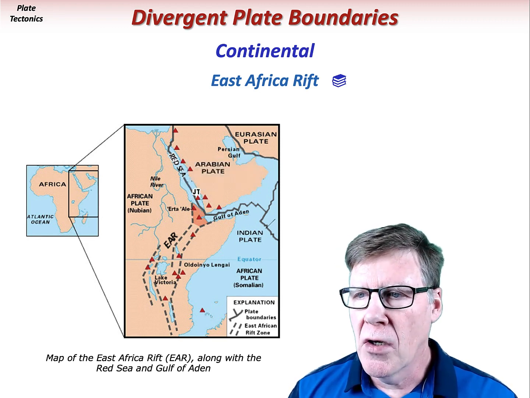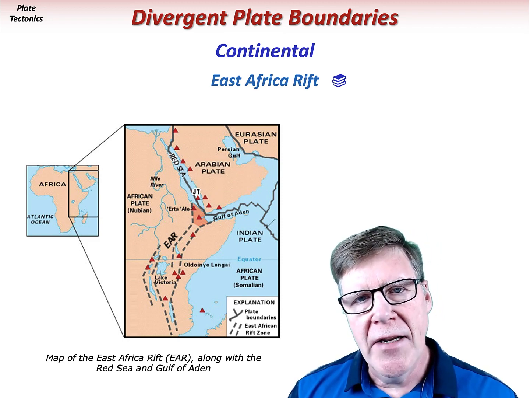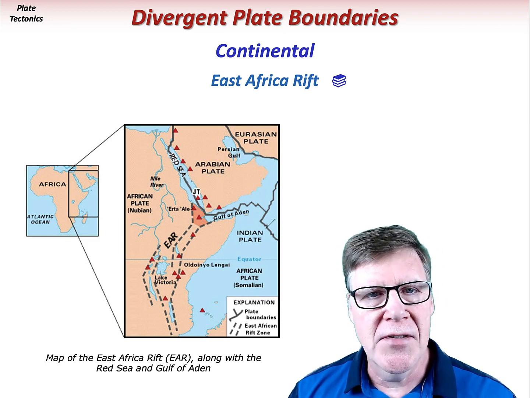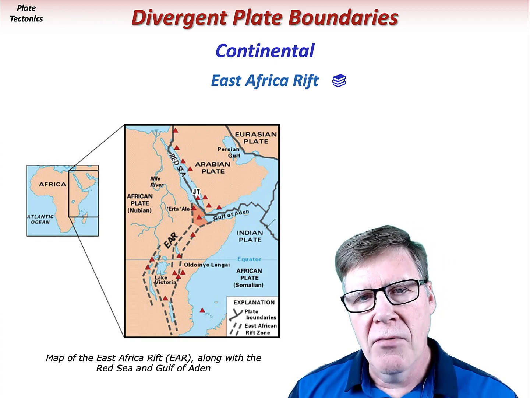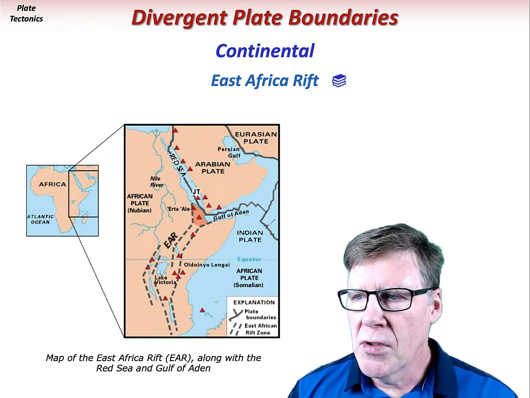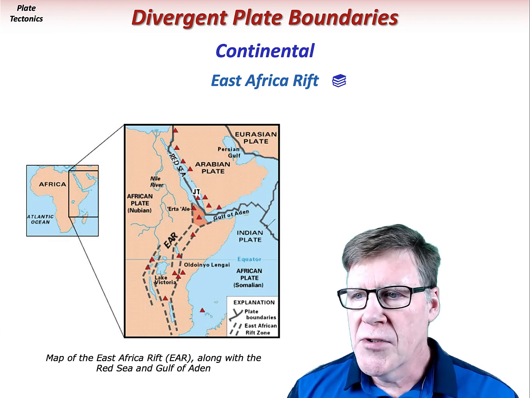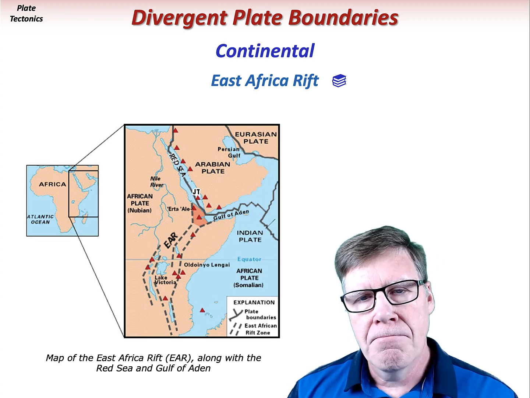They're spreading along all 3 of the rift arms, but it's taking place at a faster rate in the Red Sea and Gulf of Aden, where oceanic crust is starting to form. It's lagging somewhat in the East Africa Rift region, and that's typical of triple junction rift zone spreading. One of the rift arms lags behind and eventually stops spreading altogether.